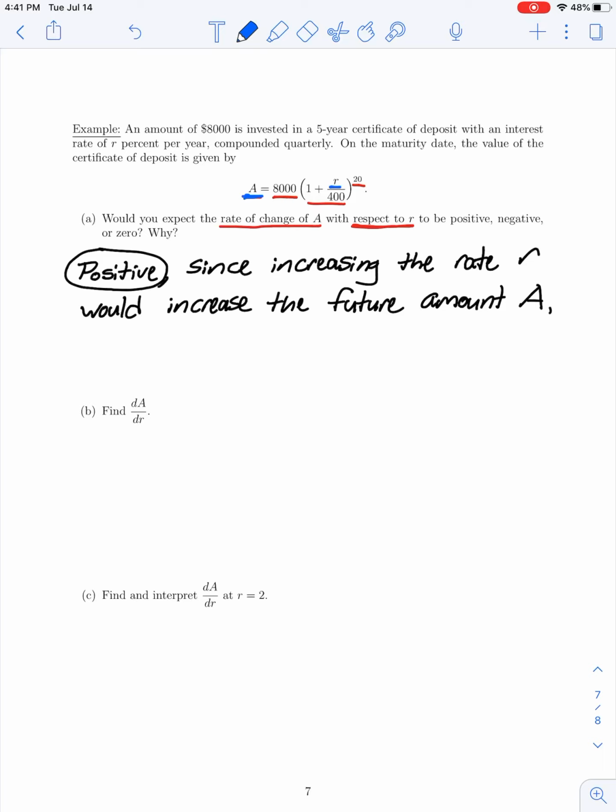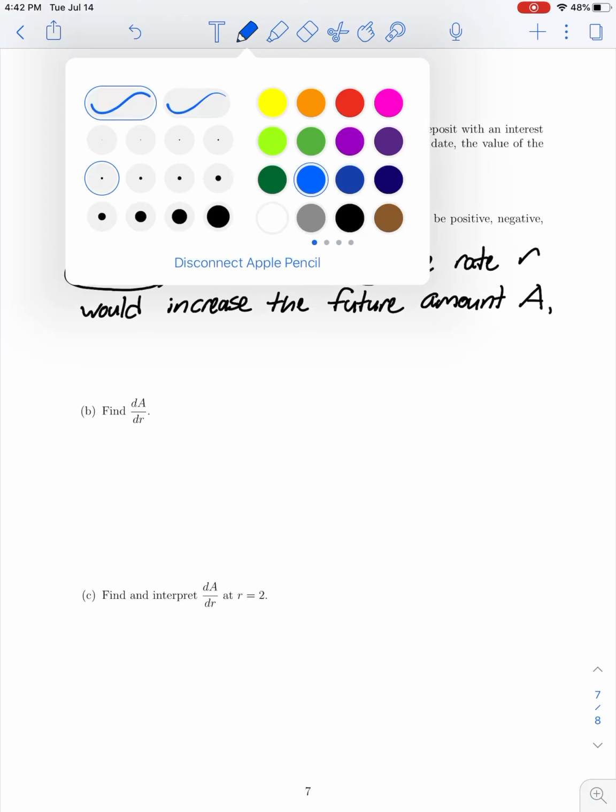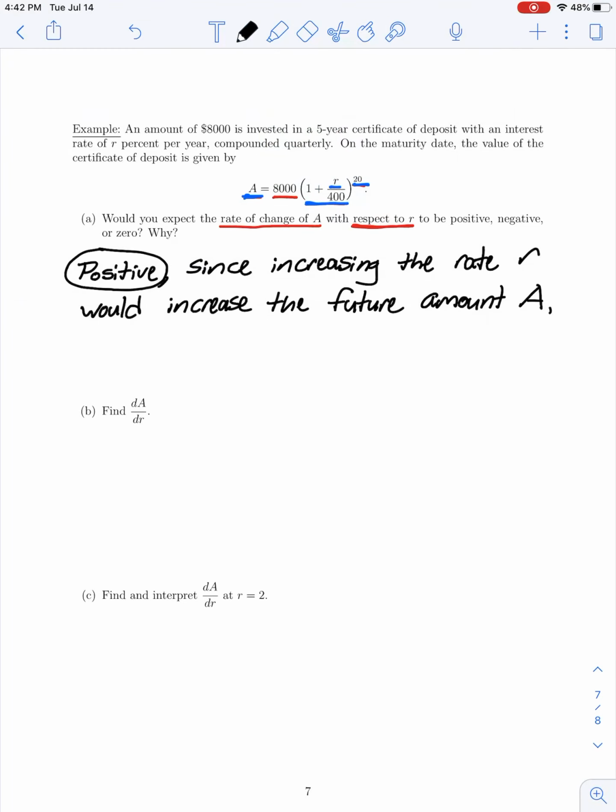change. Now we can see that the form of our function A involves a composite function. It has this inner function, 1 plus r over 400, and the entire thing's then being raised to the 20th power. So making use of the chain rule to differentiate, we would start by taking the derivative of the outer function.